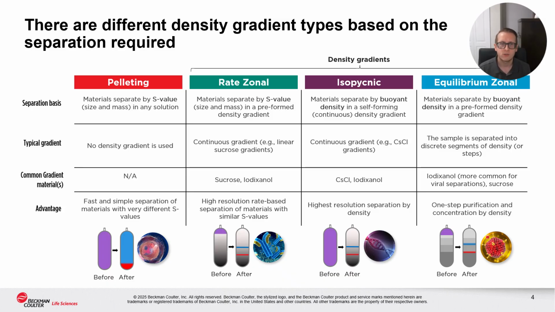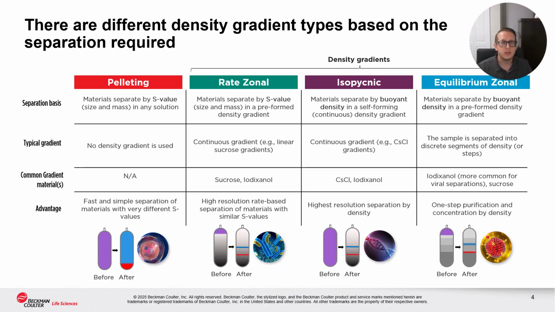In contrast, rate zonal relies on a preformed linear density gradient, which modulates the velocity at which the sample components will migrate to the bottom of the tube. Therefore, this is a time-resolved technique. Rate zonal has traditionally been somewhat cumbersome just due to difficulties forming the linear gradient manually.